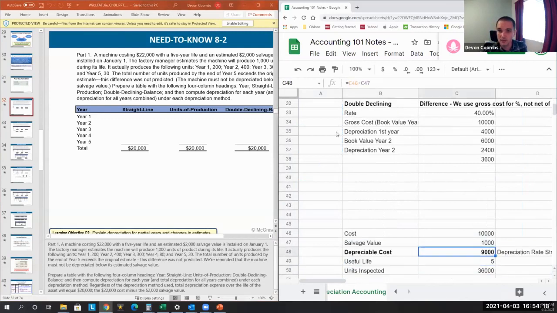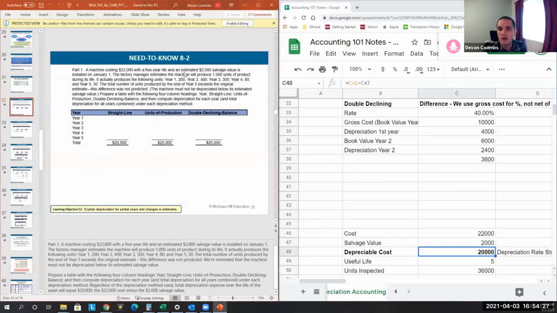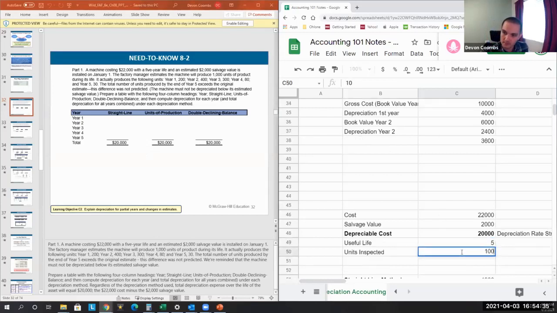Boom. So you can just go cost is 22,000, $2,000 salvage value. The calculations will automatically calculate it. And 5-year useful life. And we know it's going to produce 1,000 units of production over its life. And we're asking, can you determine the depreciation expense for each period?